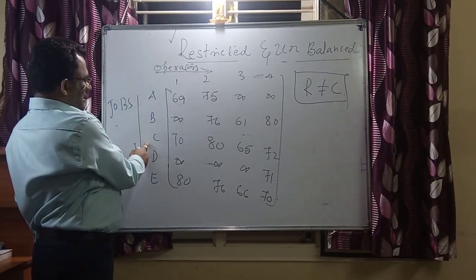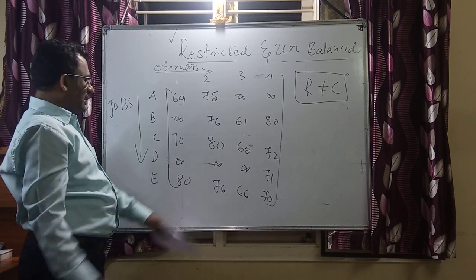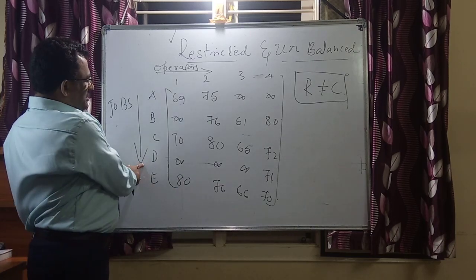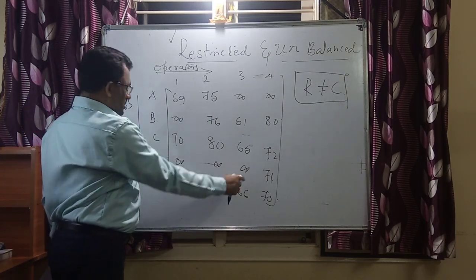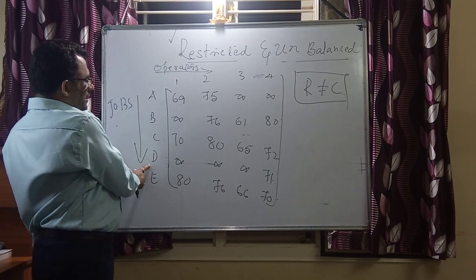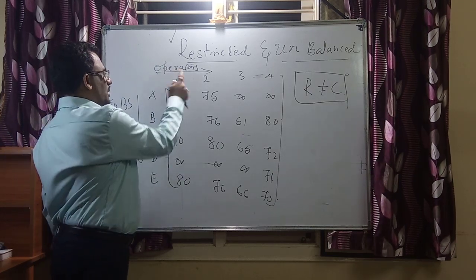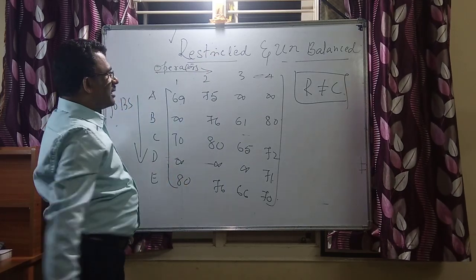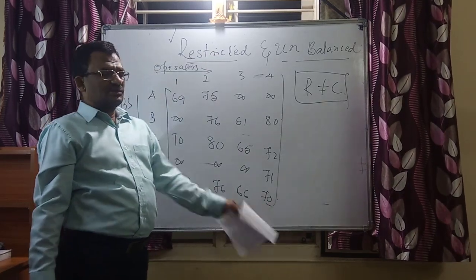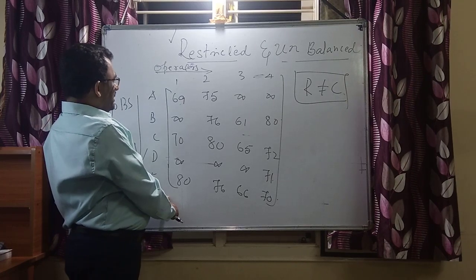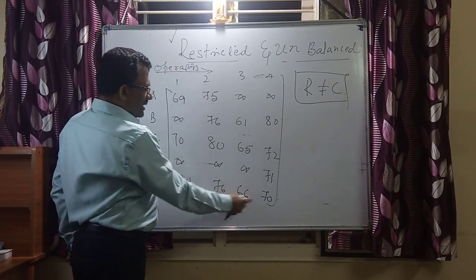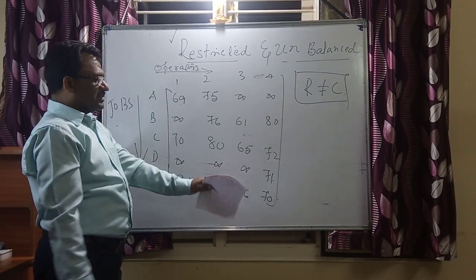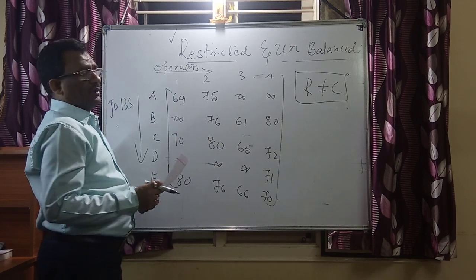Now C here, there is no restriction. C is a freehand allocation. Now if you say D is a highly restricted job, job D, you are not supposed to give it to 1, not to 2, not even to 3. D is to be allocated only to 4. That's what the restriction is. Now if you say E, it is 80, 76, 60, and again it's a freehand allocation. There are no restrictions.